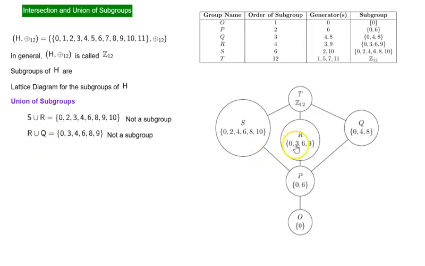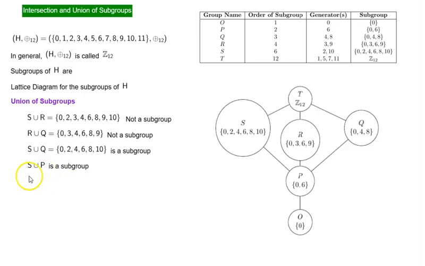R union Q is 0, 3, 4, 6, 8, 9. So again, it's not a subgroup. S union Q. Now, in this case, this is contained in this, which means their union is S, and S is a subgroup of H. So that means S union Q is a subgroup.